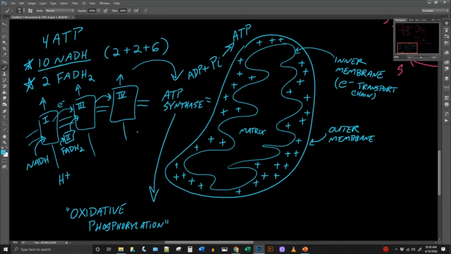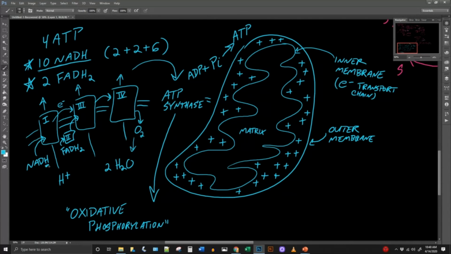Well, remember that part of the equation of cellular respiration involves O2, right? And these electrons that NADH and FADH2 are adding to the electron transport chain, they have to go somewhere. So they eventually end up on oxygen, and from these two O2 molecules, we would get two H2O.